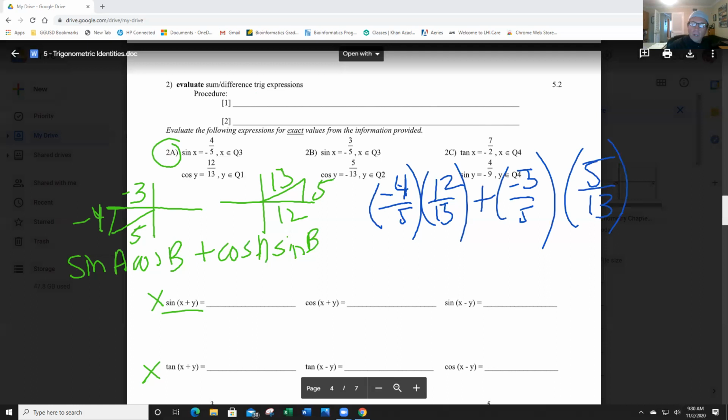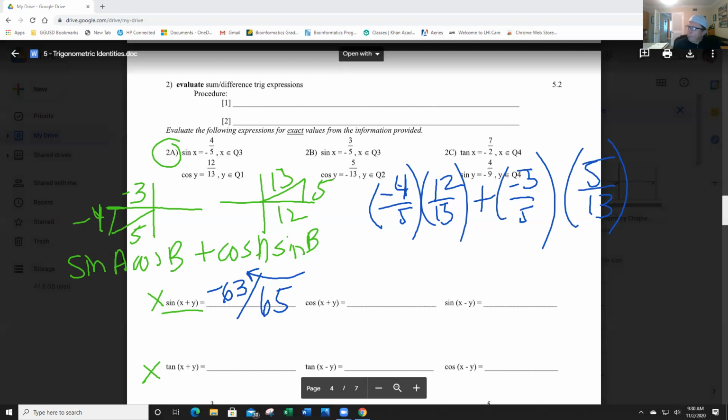I just followed this formula with those two triangles that have been written. If you do all the calculation of that, you end up getting -63/65. So that's sine a plus b, or x plus y, however you want to look at it.